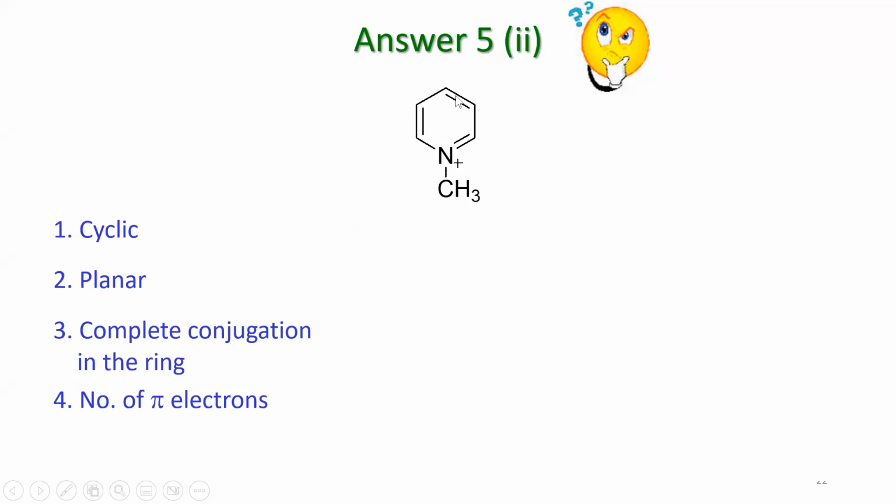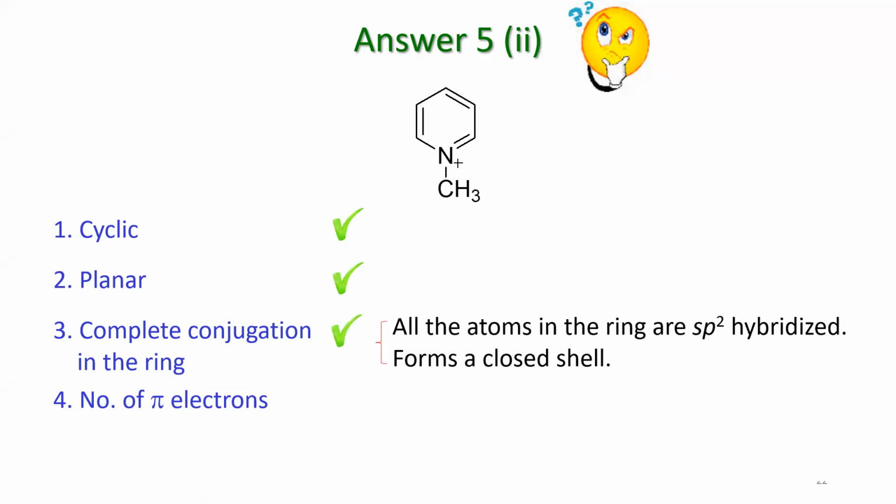But still, the ring has 3 double bonds. That means it has 6 p orbitals where each p orbital is having 1 electron. So the cyclic nature is there. And since it is a 6-membered ring, it is a planar structure.